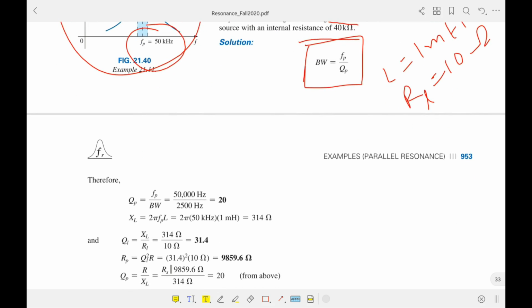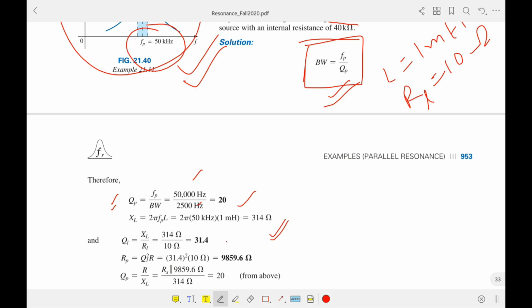So first of all, the bandwidth equation we already know, that bandwidth equals Fp over Qp. Then through which we can calculate Qp equal to Fp over bandwidth. So Fp is given, bandwidth is also given in this figure. So we calculated Qp equal to 20, through which we can calculate XL, 2 pi Fp L, as 314 ohm.